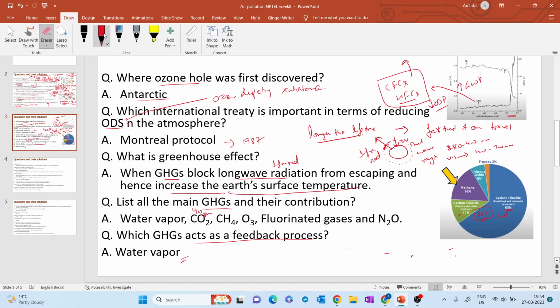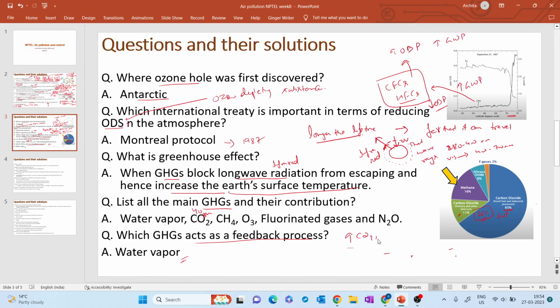See it like this: let's say there is very high CO2, methane, and ozone. This leads to warming. Warming means that temperature is high. Now, if the surface temperature is high, what will it do? It evaporates the ocean or water bodies. Now the water body is evaporating. What does it lead to?